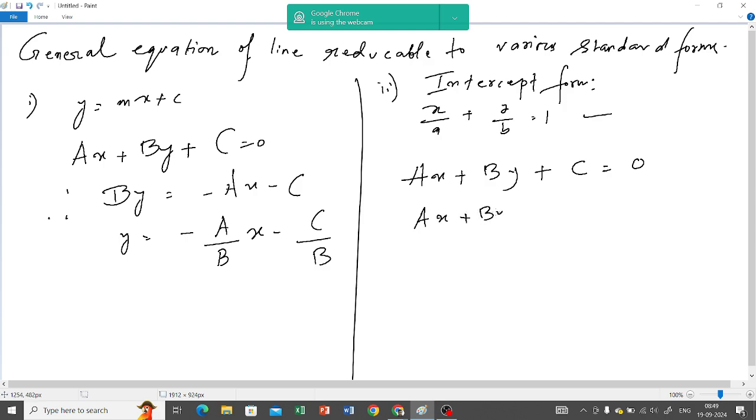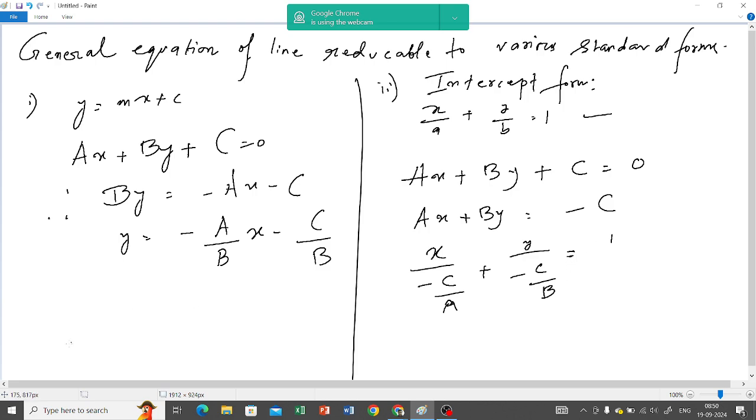Ax plus by equals minus c, and when minus c comes down, we have x divided by minus c by a, plus y divided by minus c by b, that is equals to 1, right? x divided by minus c by a plus y divided by minus c by b equals 1. Do you understand?